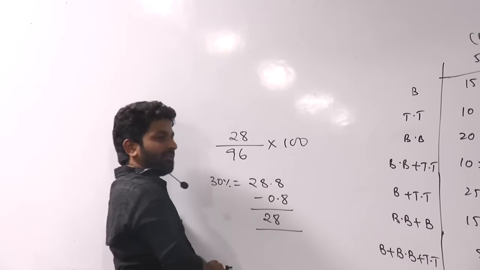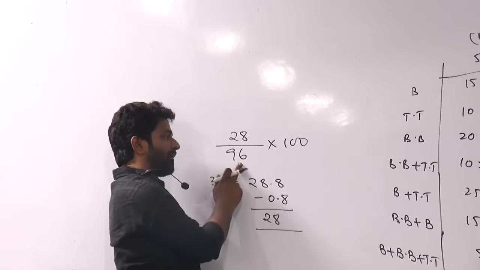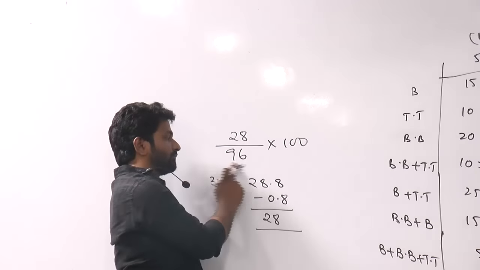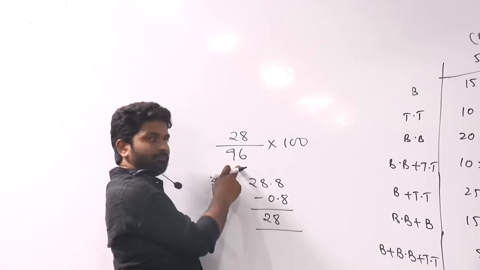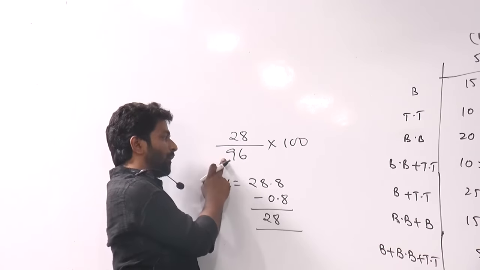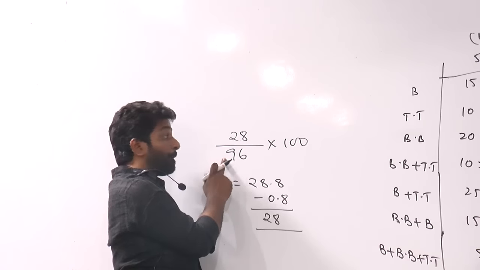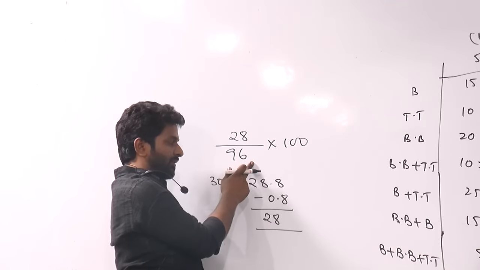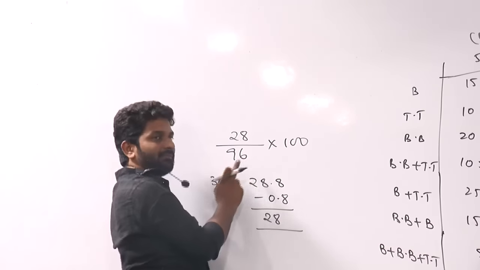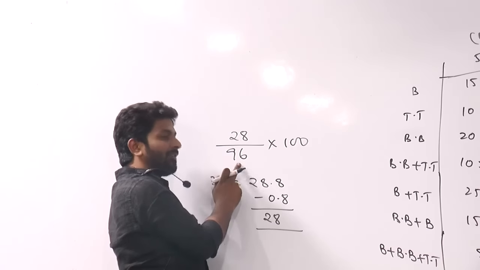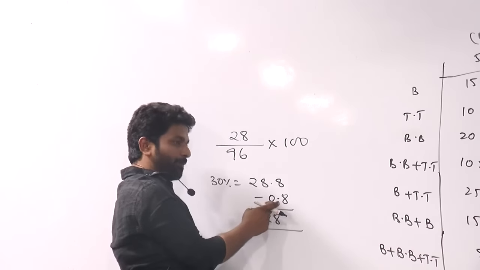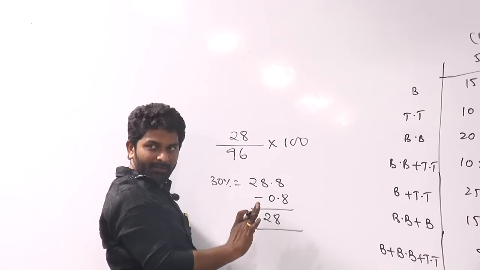Now you need 0.8. Come here. Not required. What about 1%? 0.96. Divided by 12? 10% of 8? 0.8. Are you getting?